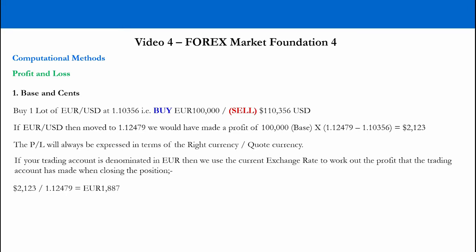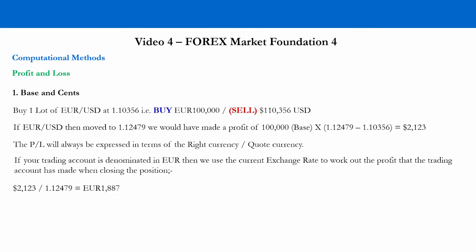So we take the profit, $2,123 expressed in the quote currency terms, and divide by the current exchange rate, so 1.12479, and we get to a profit of 1,887 euros. So you can see that working out your profit and loss in base and cents is extremely straightforward.